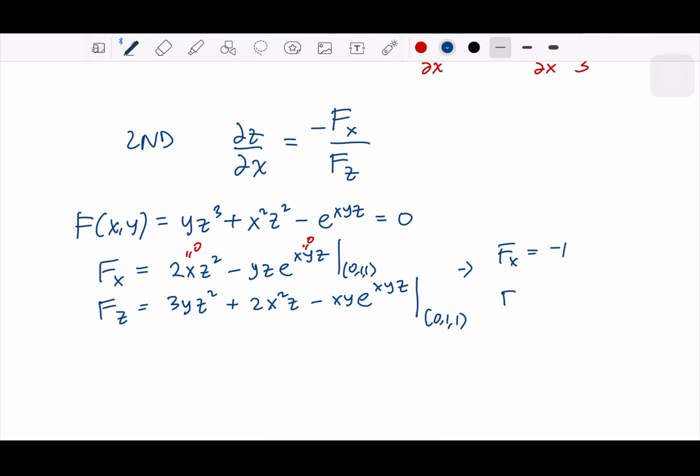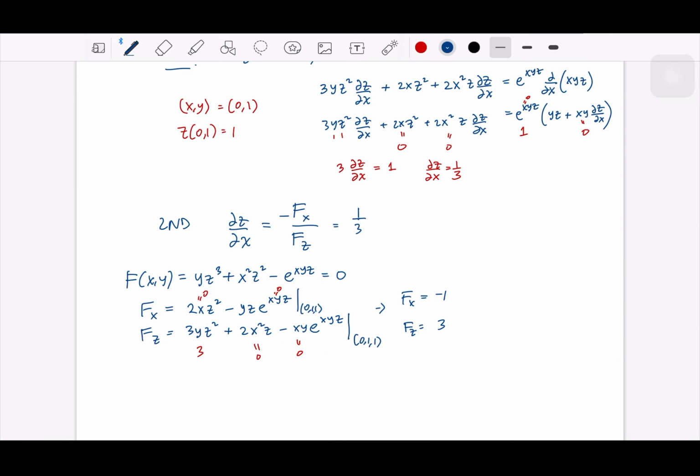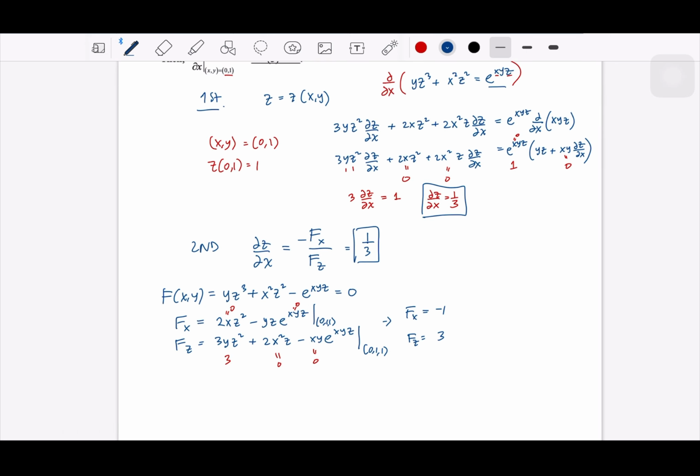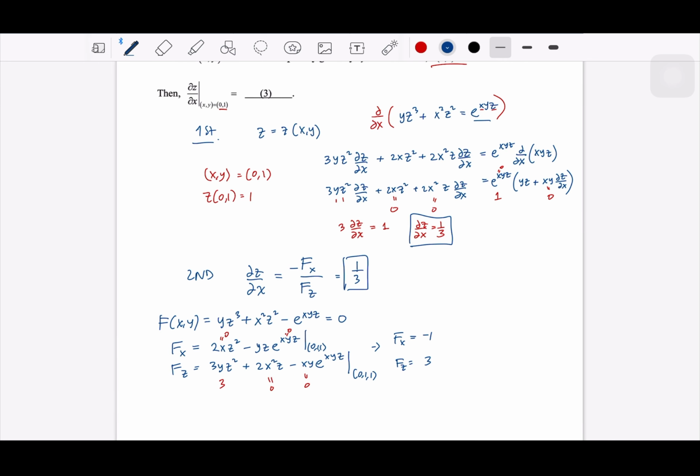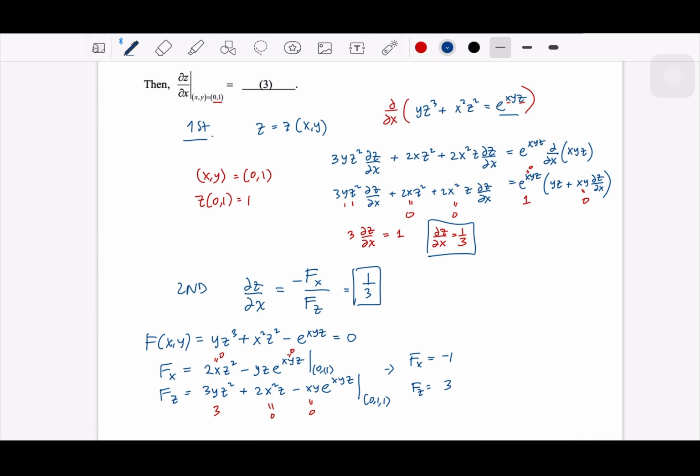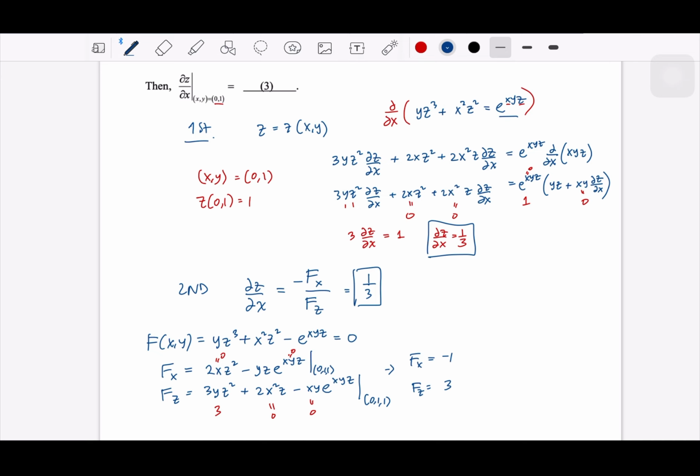The partial with respect to z will be 3, with the other terms 0, so it will be 3. So with the negative sign, it will be 1/3. Same answer. So you can have these two methods in your solutions. You can pick just one method that you feel is more suitable for you.